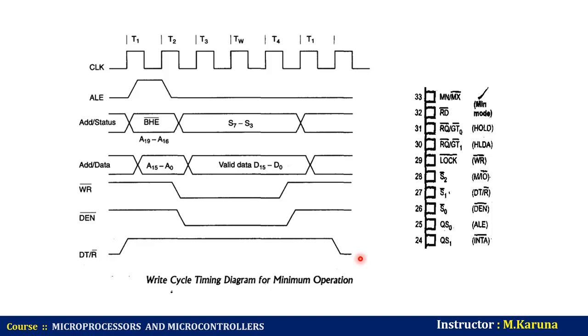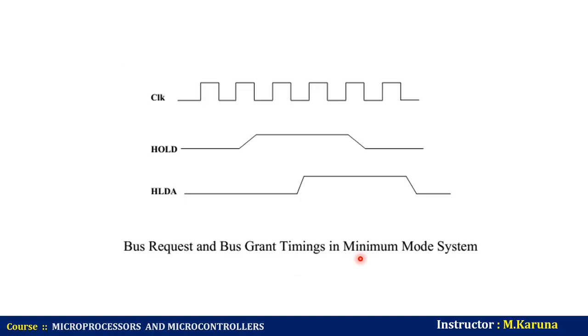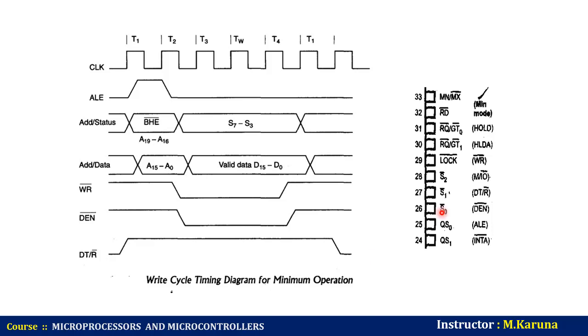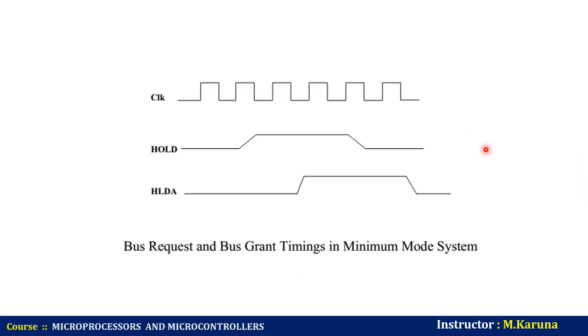Next we have the signals hold and hold acknowledge. This hold signal comes from the DMA for requesting the bus. If you don't know DMA operation, it is covered in the CAO lectures, you can go through that.